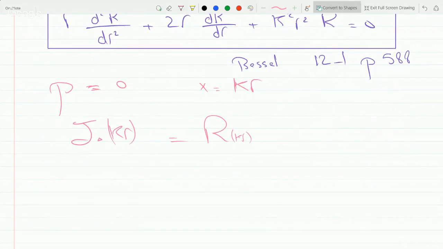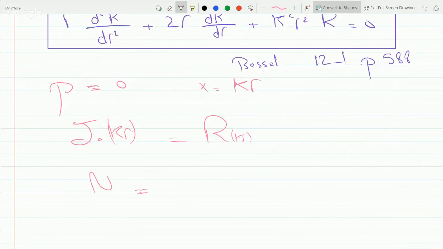Now there is another solution defined by N, but this solution does not work because r equals 0 is inside the sphere, and the other solution excludes that.